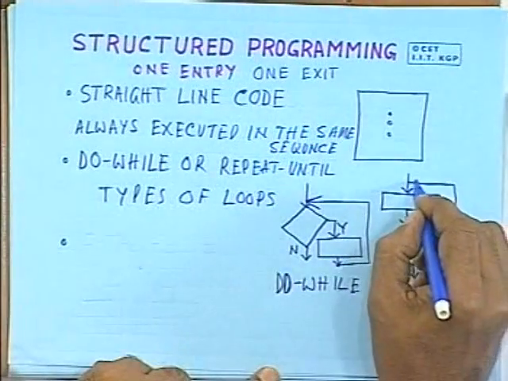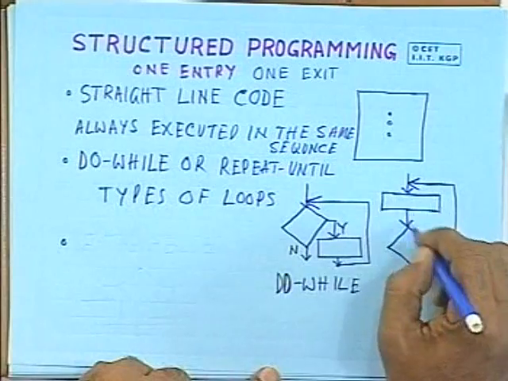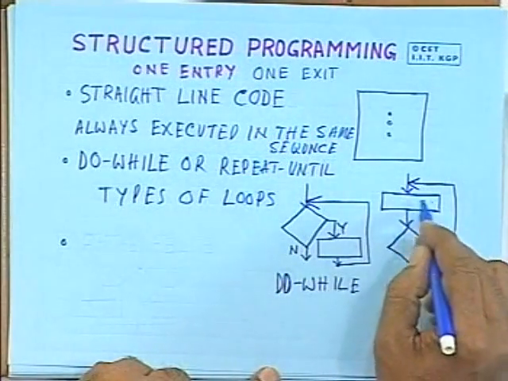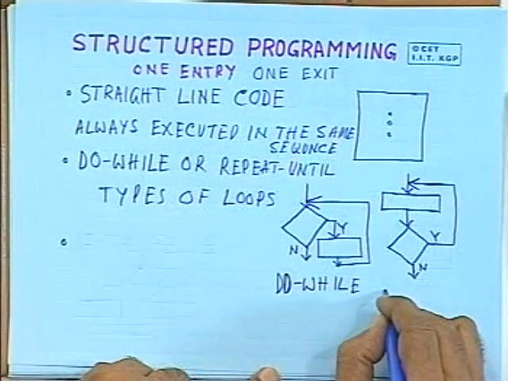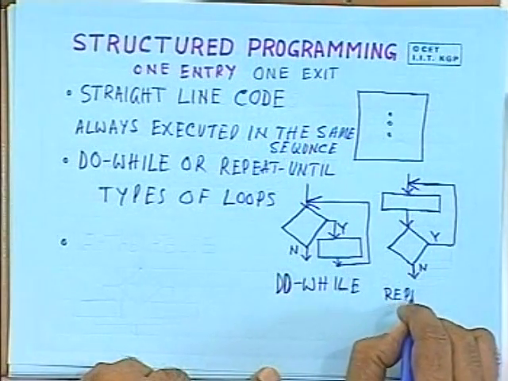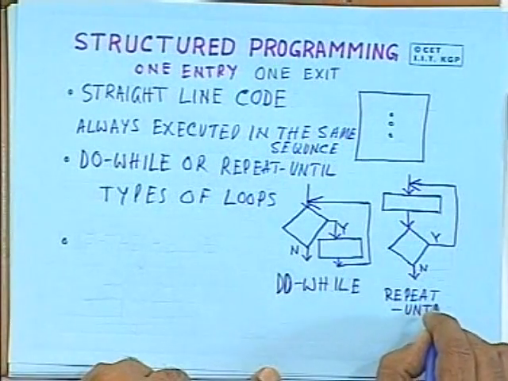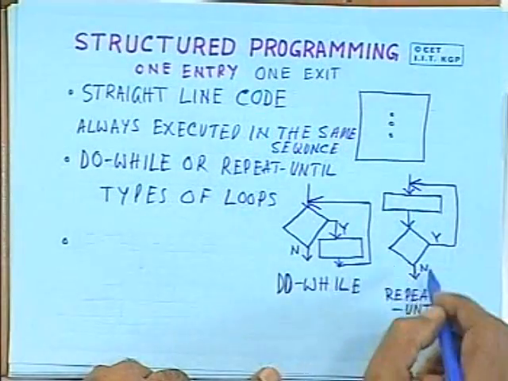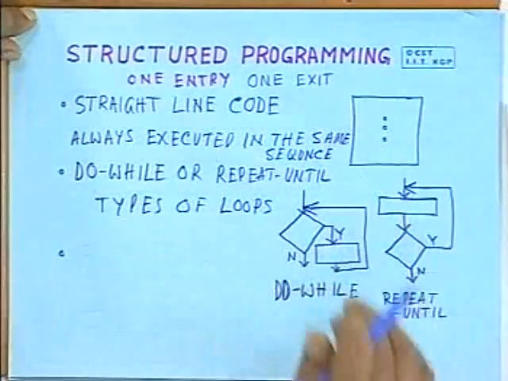If the outcome of the decision is yes, then this block is performed again, otherwise it goes out. So this is your repeat until type of loop.